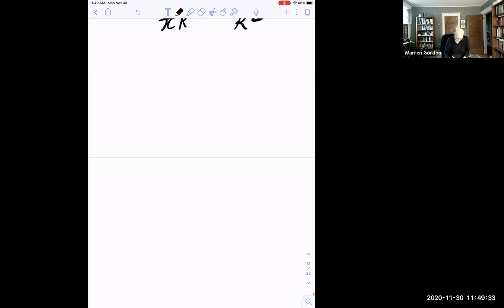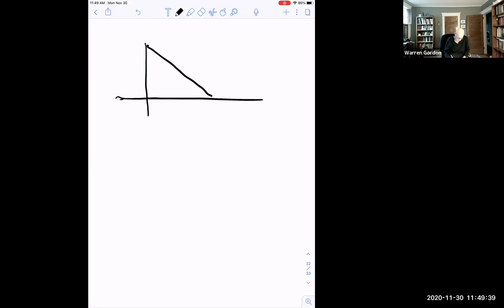Suppose I give you the following region. I give you this triangle. And by the way, what's the area of this triangle? Happens to be 1/2, by the way, 1/2 the base times the height.